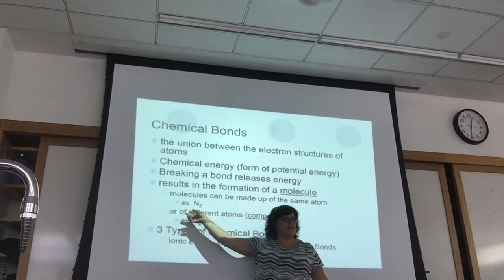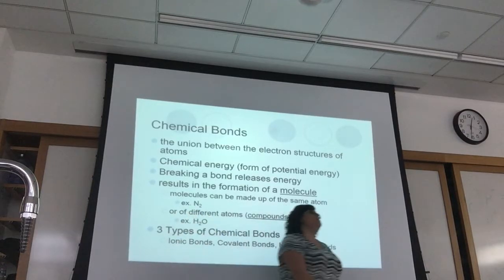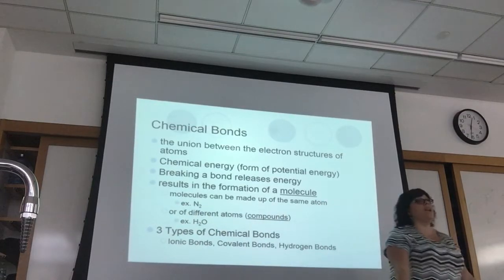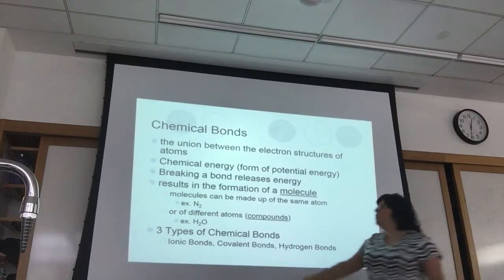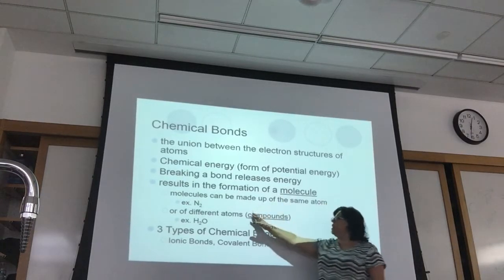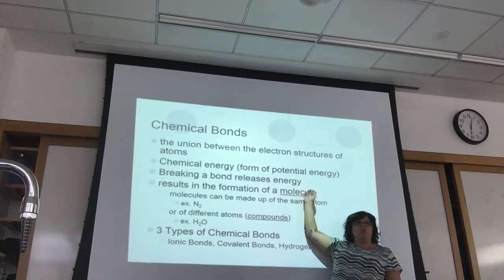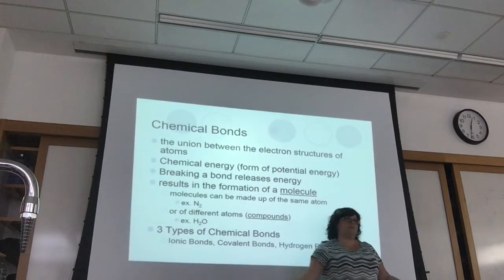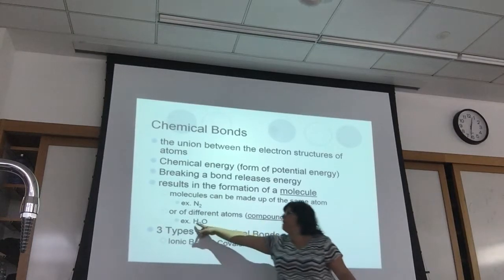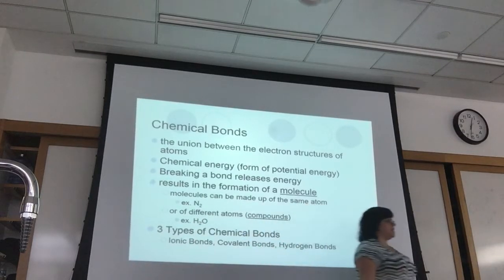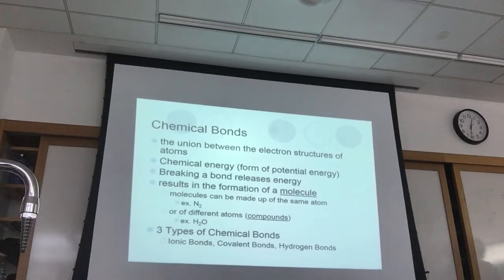Does this make sense? So when we say a molecule of something, we're considering that a unit of something. I'm not going to try to trick you about using molecule where it should be compound. But generally, compounds are different atoms whereas a molecule is the same.